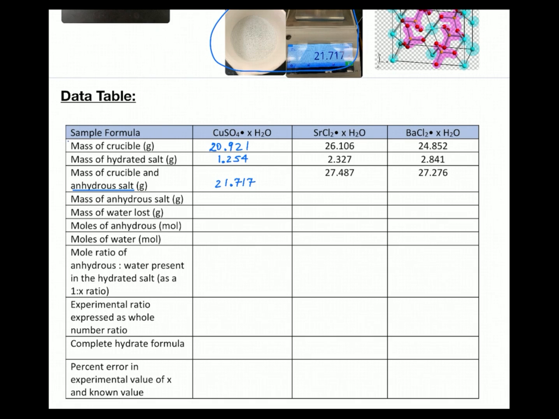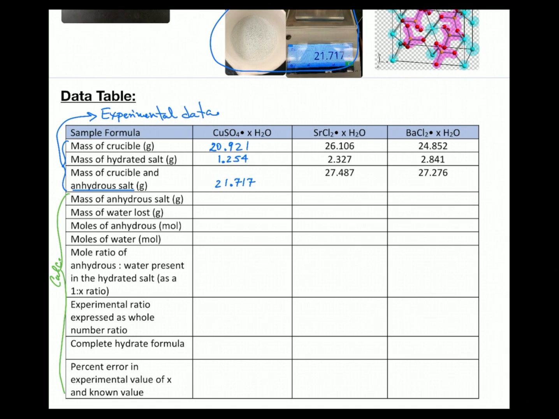So all three of those come from experimental data. The first 3 lines are what you would get directly from measurements in the lab. The rest of this is going to be calculated, by doing some simple math.